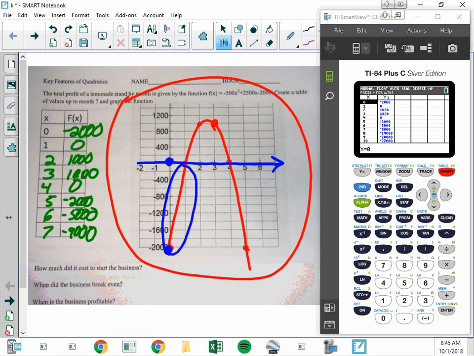So even though the graph kind of goes out to infinity, the business doesn't. So we're going to say 0 to 1. Is 0 part of that interval? Does x equal 0 give us a y value that is below the x-axis? Yes, so that one gets a bracket. What about 1?